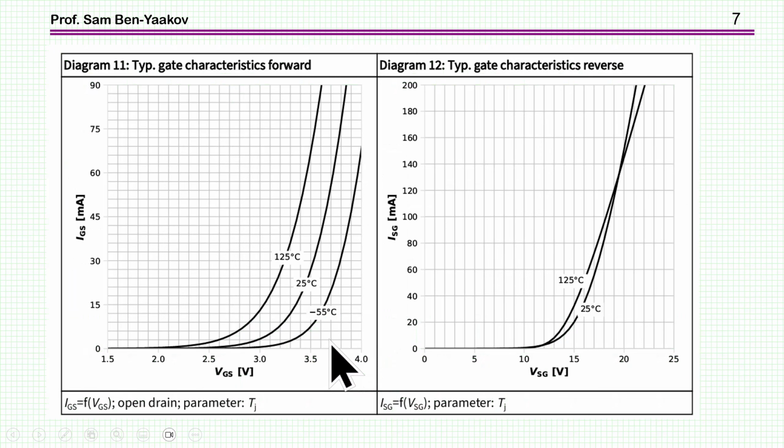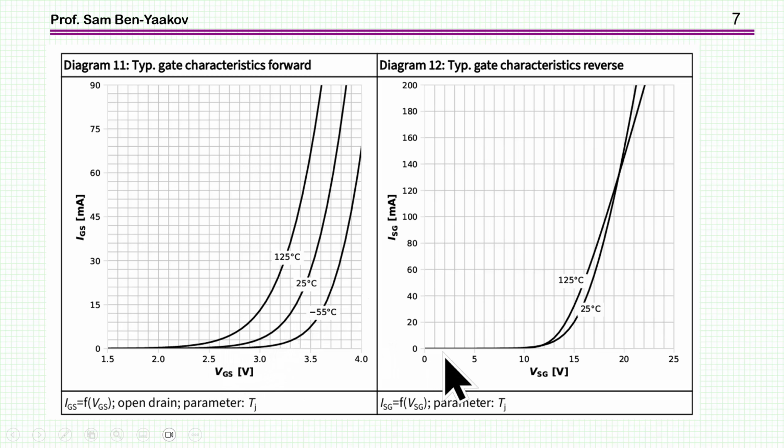Now we have here the input characteristic of the gate, which is basically the diode, because we have conduction here, we have current here, so this is the part of the diode. So this is the forward. As I've said, we actually are dealing here with the Zener diode. We see that the threshold is about 2.5 volt, at which the current starts to rise.